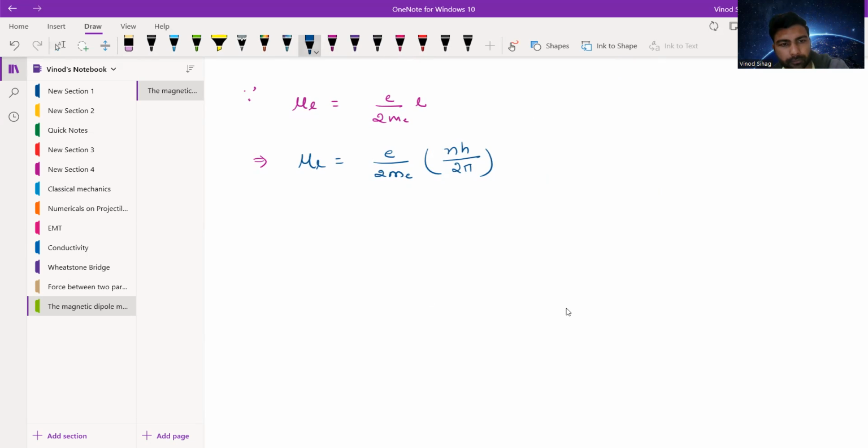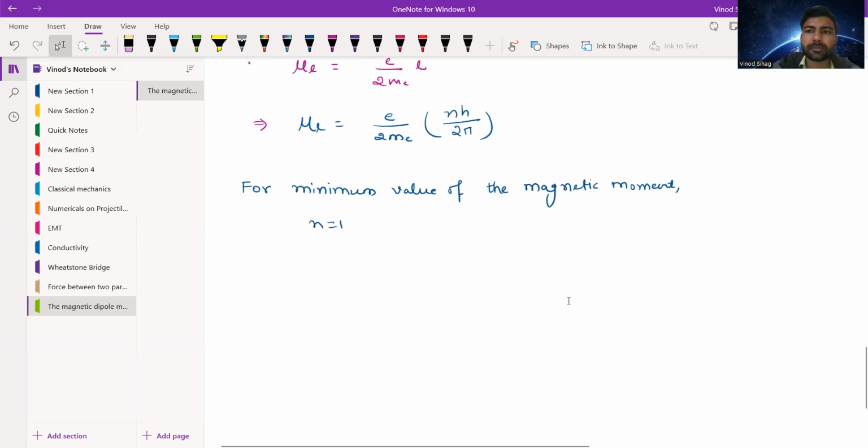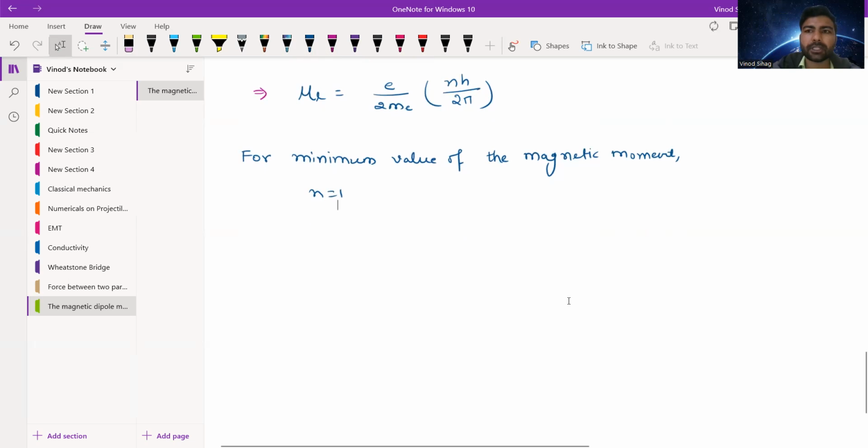For the minimum value of the magnetic moment, we can take n equals 1. Or in terms of Bohr's model, n equals 1 means the first orbit.